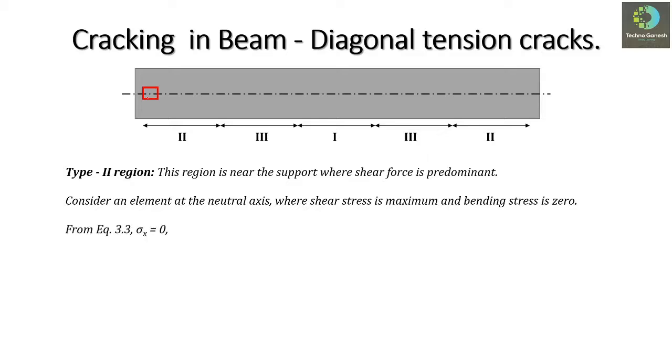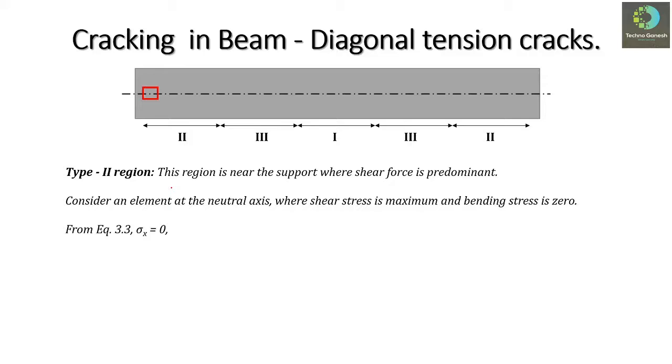As we have seen in the previous lecture, equation number 3.3 gives us the principal tensile stress and principal compressive stress. From those equations, let us find the values of sigma 1 and sigma 2 by considering sigma x, the bending stress, equal to 0.